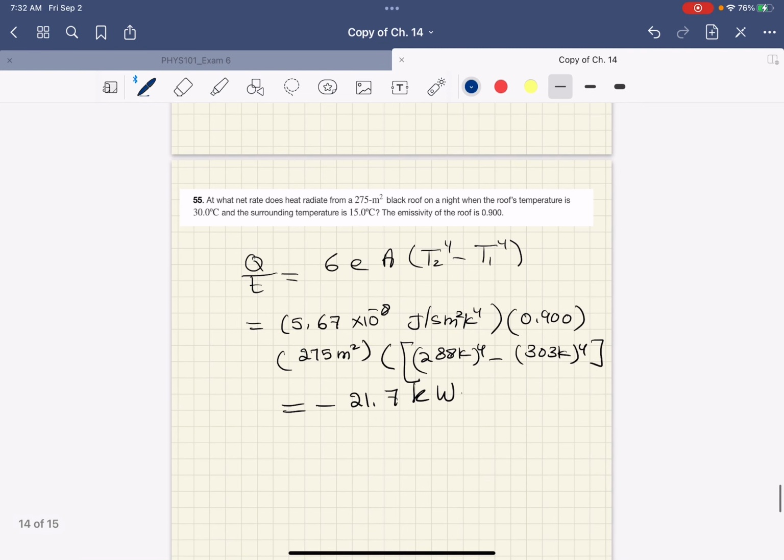At what net rate does heat radiate from a 275 square meter black roof on a night when the roof's temperature is 30 degrees Celsius and the surrounding temperature is 15? The emissivity of the roof is 0.9.